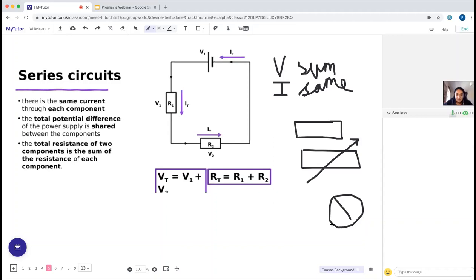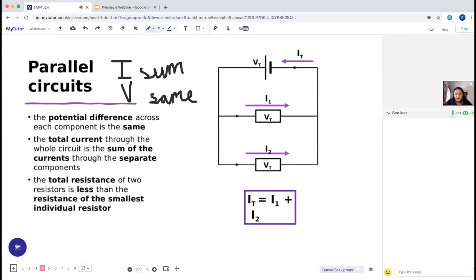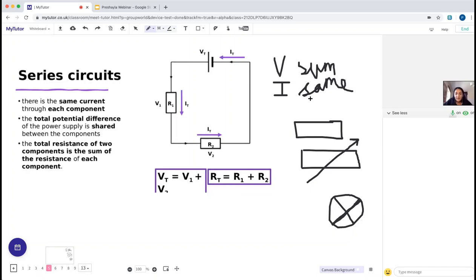They are there as a light source, but because of their nature, they have an inherent resistance. So bulbs are not just a light source, they're also a form of resistance. We don't tend to use them for resistance, but it just comes along with the fact that they are a bulb. Okay, so that's the facts for parallel: I sum, V same. Current, V sum, I same.